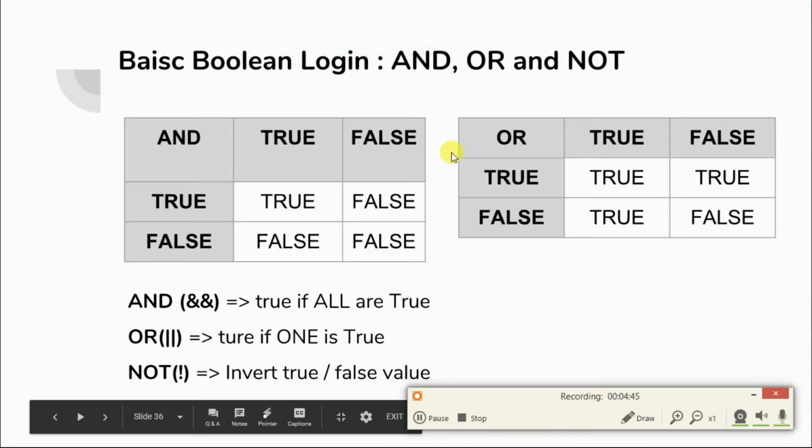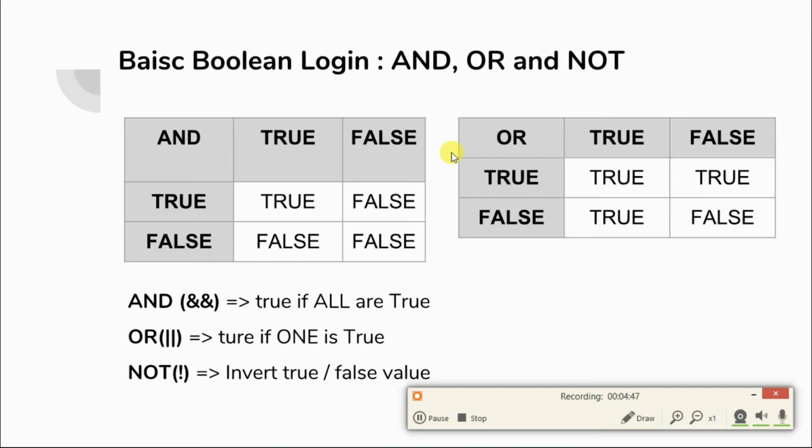Now see, this is basic Boolean logic: and, or, and not. These are the two tables, and and or. And means all conditions must be true, and or means if one of the conditions is true, then it is true. Makes sense?